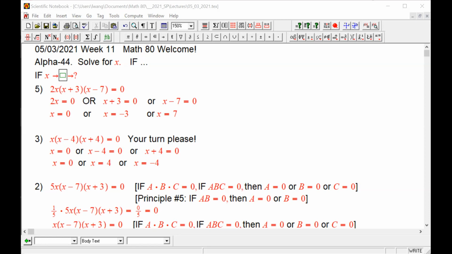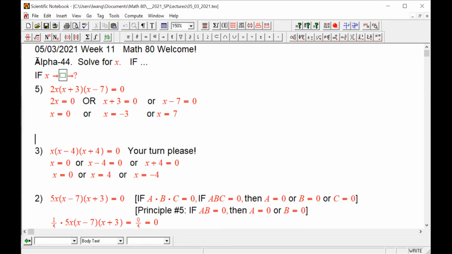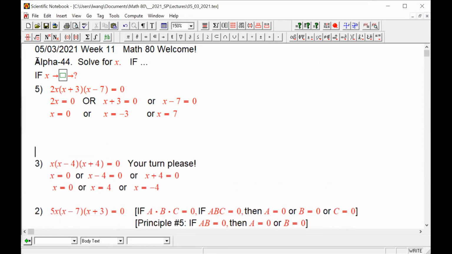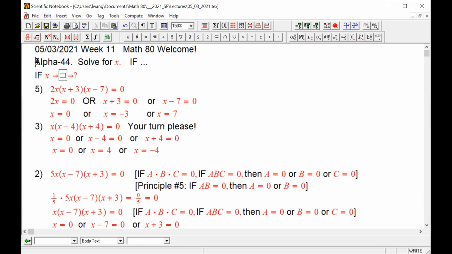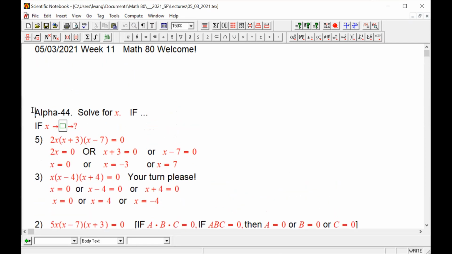Well, just look at alpha 45. Okay, so what if we look at alpha 45? One thing is certain, it's an if statement again, right?